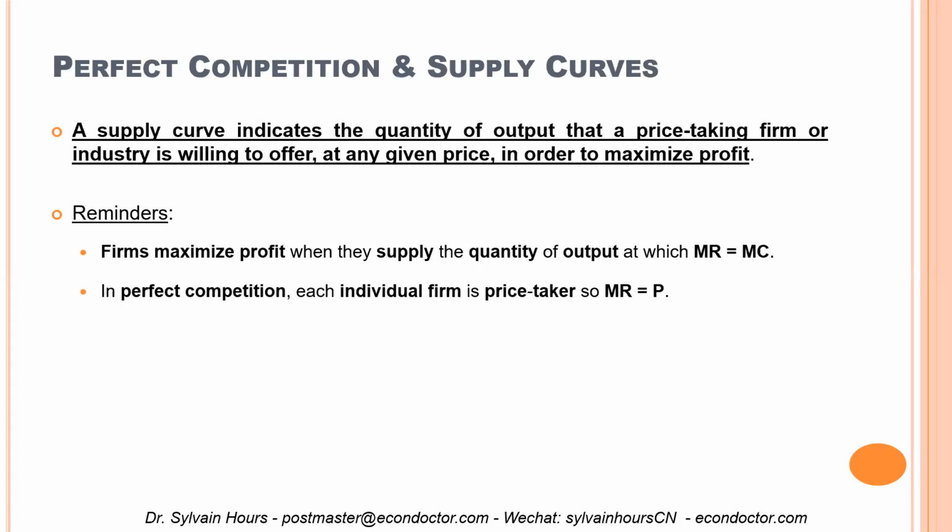But there is something that is particular to perfect competition: since firms are price takers, the marginal revenue is equal to the price. We do not need to cut the price in order to sell more output. We can always sell more output at the market price, and therefore, every time I sell one more unit, my total revenue increases by the exact amount of the market price, so the marginal revenue is equal to the price. So it means that basically the condition that maximizes my profit is MC equal to P, the market price.